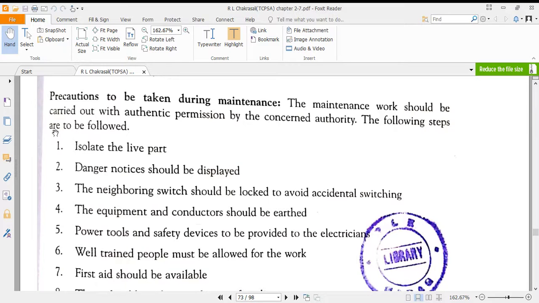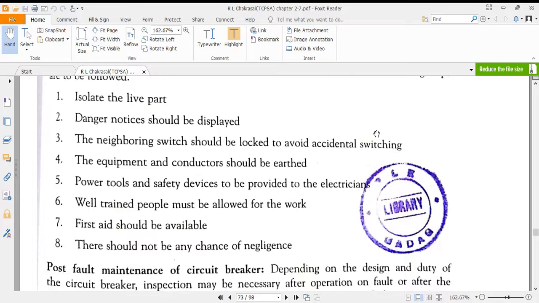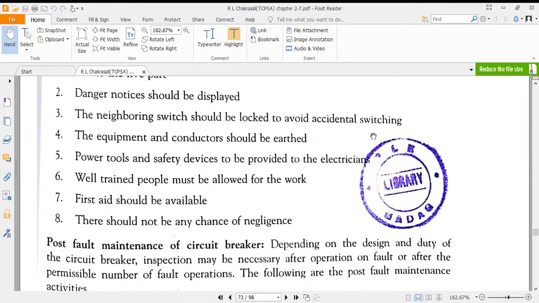The following steps are to be followed. Isolate the live part. A danger notice board should be displayed so that nobody enters that area. The neighboring switch should be locked to avoid accidental switching.